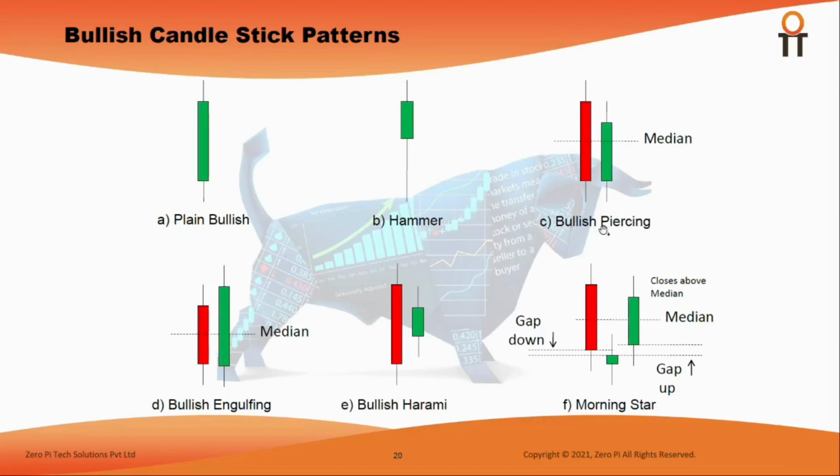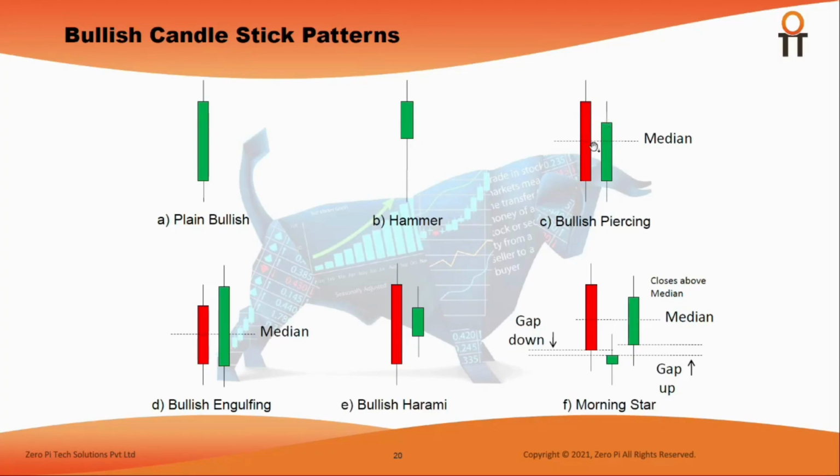This is an example of bullish piercing. Bullish piercing means we had a red candle formed. Suddenly, the next candle is becoming green. That is, here there was a fall in the price. The very next candle is showing you an upward movement. So wait for this candle to complete. So when this candle is formed, you have to see the closing price.